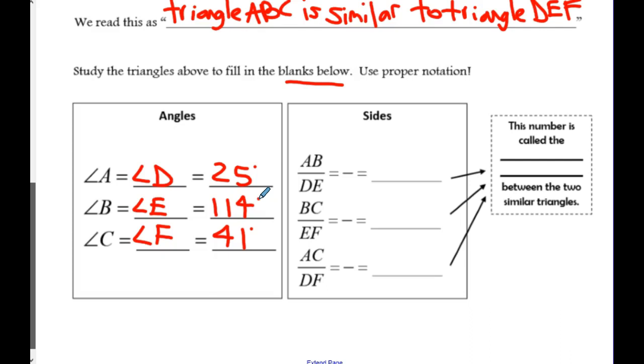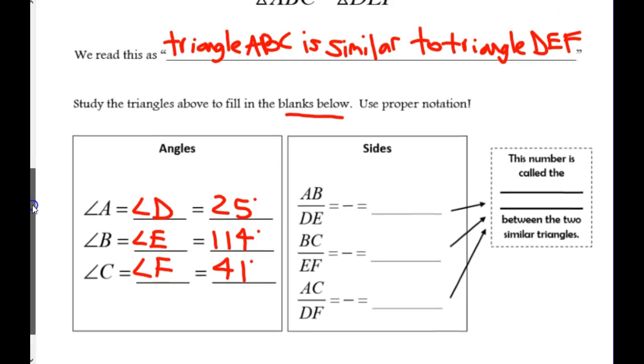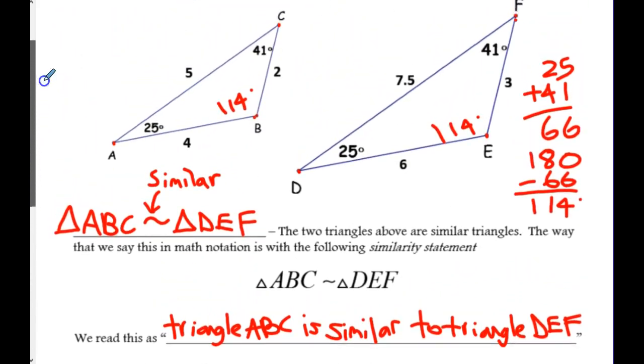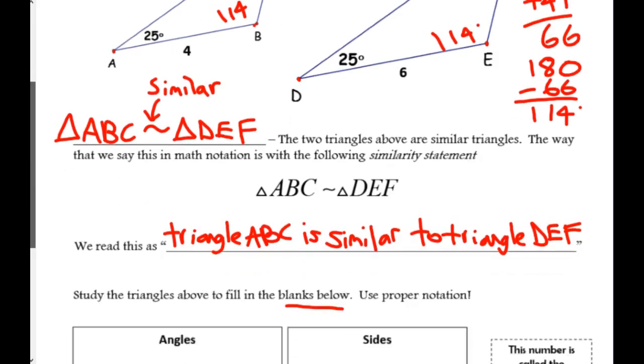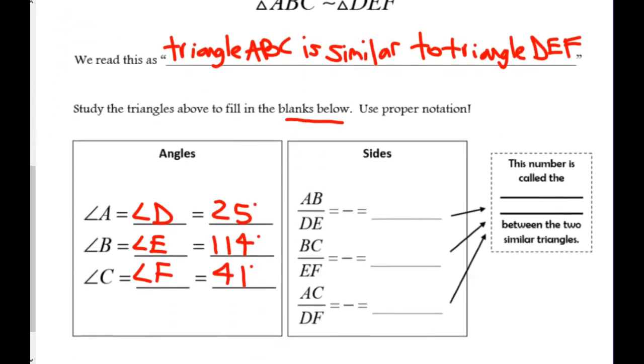All right. And then for our sides, AB over DE. So AB is 4, but DE is not 4, right? It's 6. Now we're going to make that into a ratio or a fraction. So AB is 4, DE is 6. We're going to write 4 over 6 in that little fraction bar. Okay?